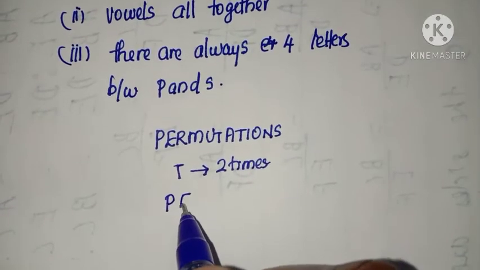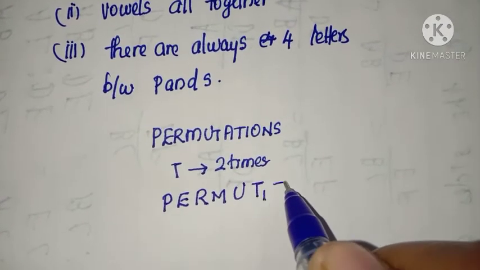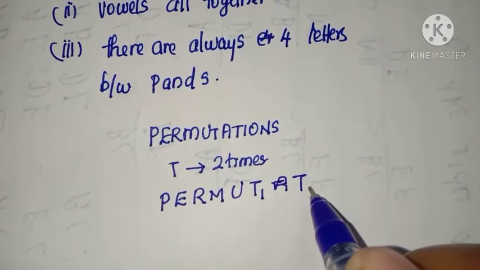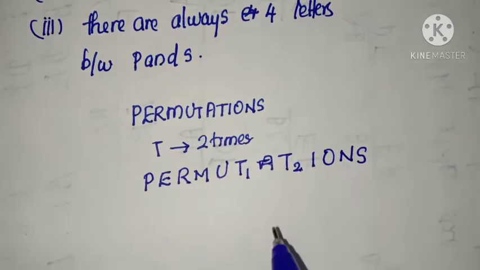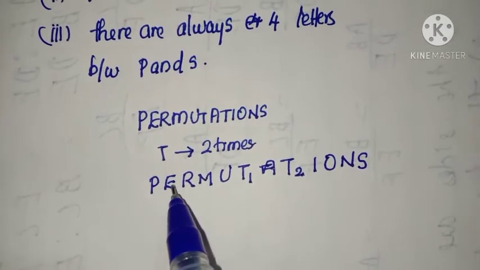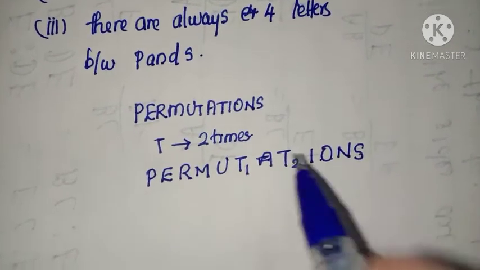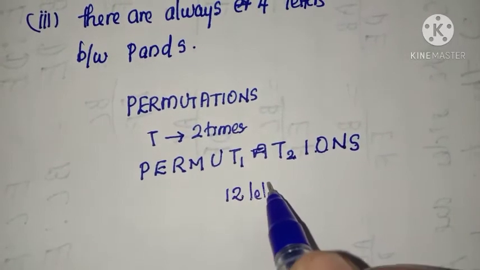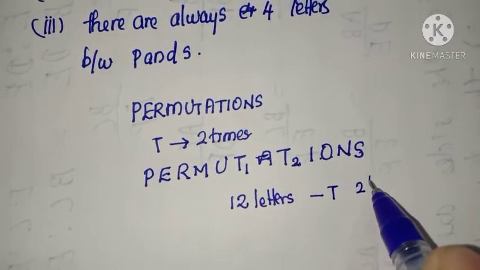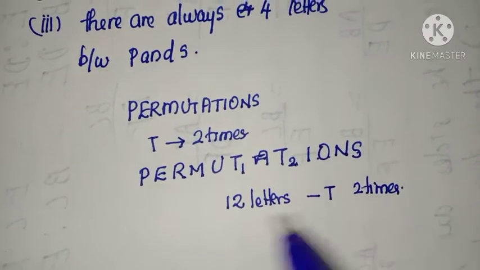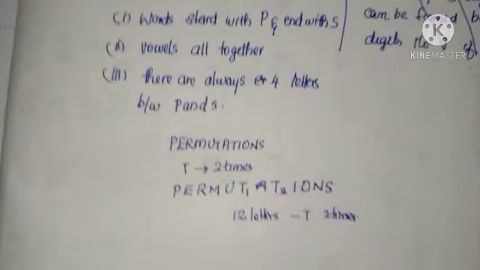So P, E, R, M, U, T1, A, T2, I, O, N, S. Now count how many letters are there: 1, 2, 3, 4, 5, 6, 7, 8, 9, 10, 11, 12. There are 12 letters, and out of these 12, T appears twice.